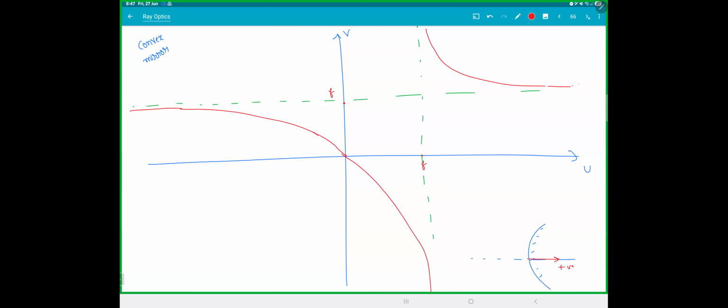So once you cross this, it becomes virtual. Clear with this? As the object is coming from minus infinity towards the pole, the image will get closer and closer to the pole. So v will go from plus f to 0, isn't it? Once you cross this point, the images become virtual.